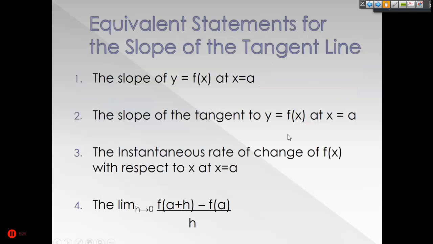So I like to always give equivalent statements. These are all statements that mean the same thing. The slope of the function at x equals a is an equivalent statement to asking you to find the slope of the tangent line. So the slope of the tangent line is the slope of the function at x equals a.